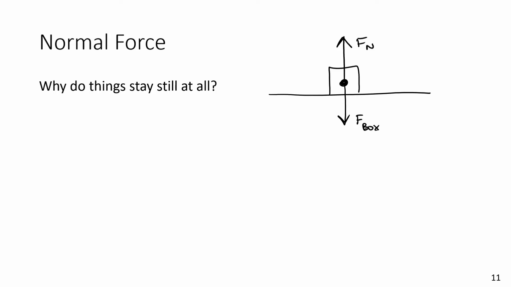So this is for anything that is touching another thing. It doesn't have to be vertical. This box sitting on the table could be like me leaning on the wall. The wall is applying a normal force perpendicular to the surface. So I guess I'll write that.